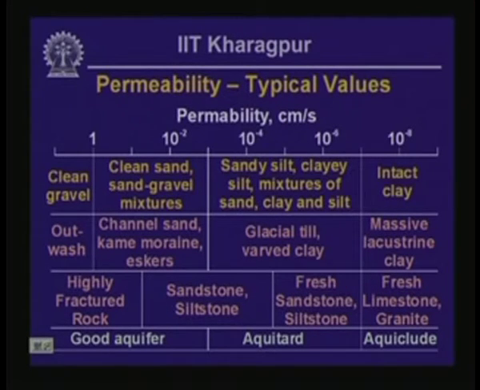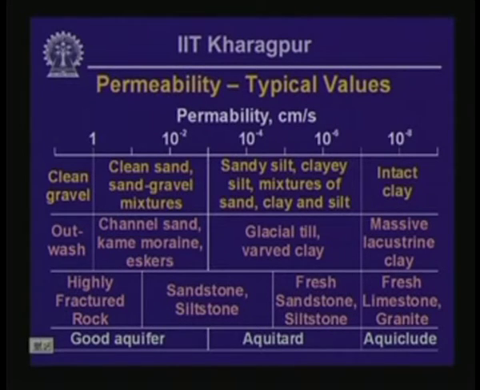Glacial tills and varved clay have even smaller permeability, ranging between 10 to the power minus 3 and 10 to the power minus 7, and massive lacustrine clay is on the lowest scale, the most impermeable of all the geologic units we looked at here, with permeability of 10 to the power minus 7 or smaller.